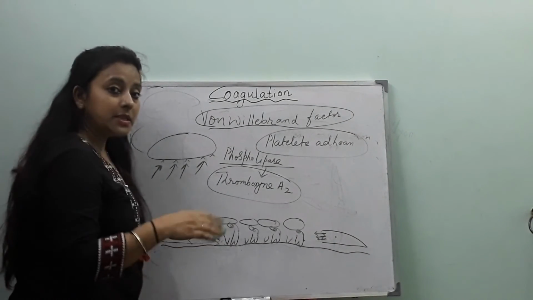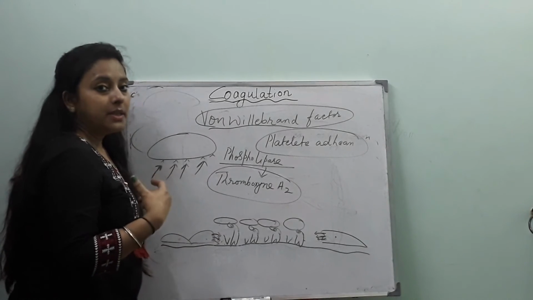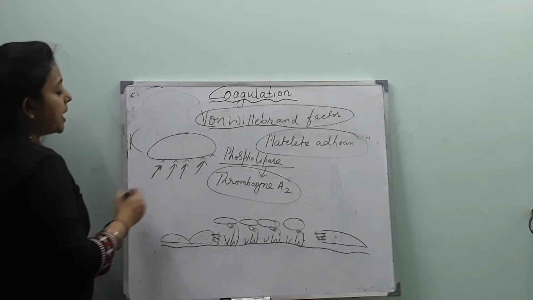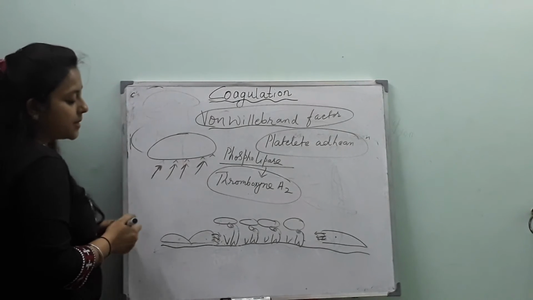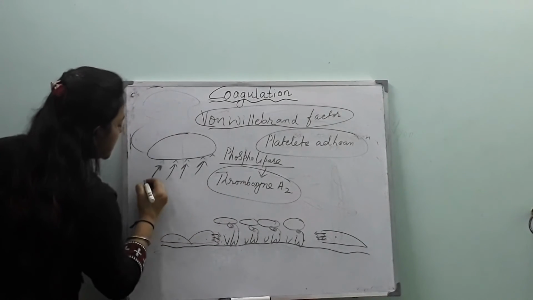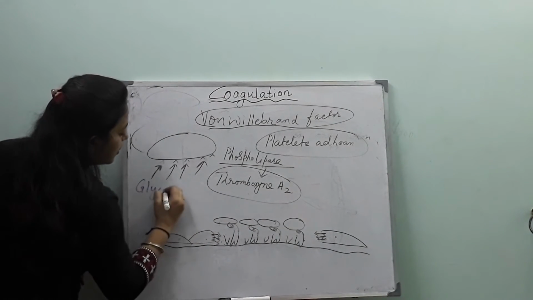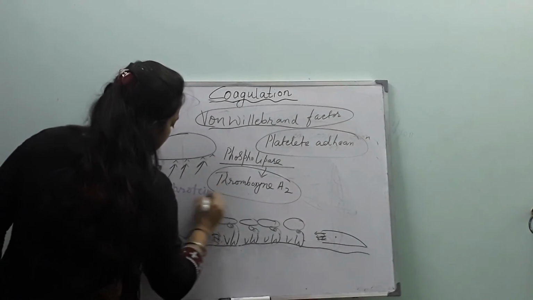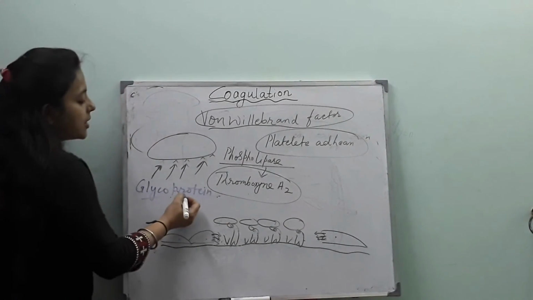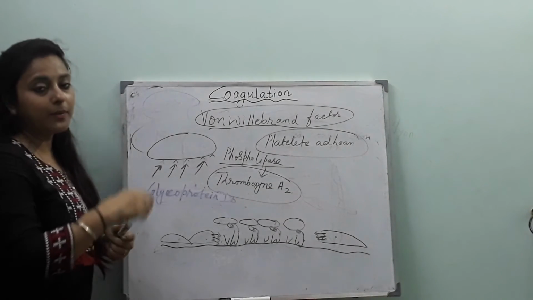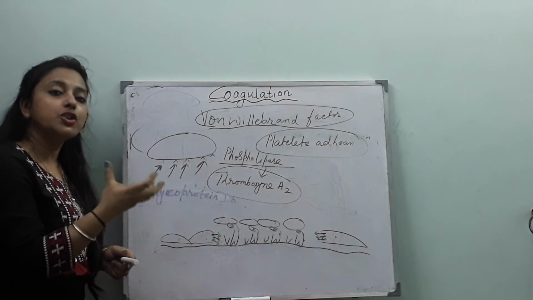Some more chemicals are also released from platelets after activation, but before that you should know the name of these receptors present around the platelets. The name of this receptor is glycoprotein, glycoprotein 1b. This glycoprotein 1b helps in aggregation of platelets.